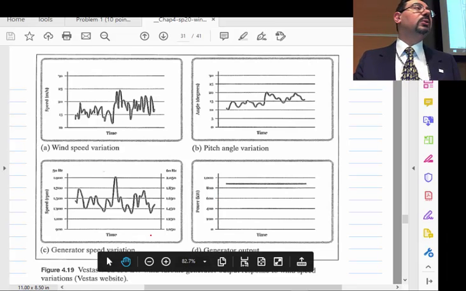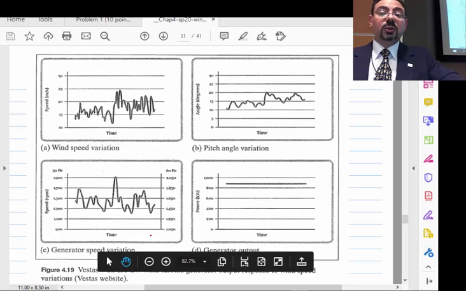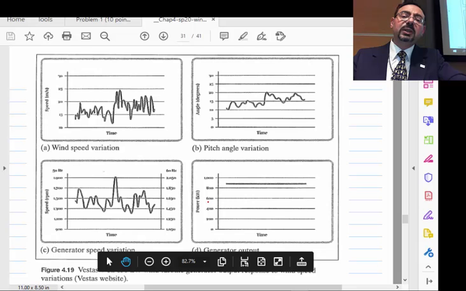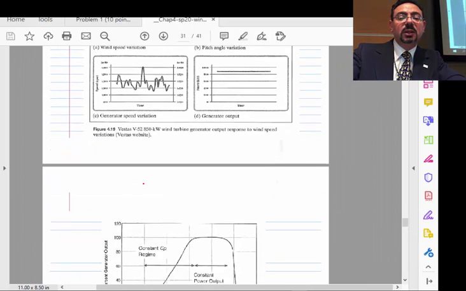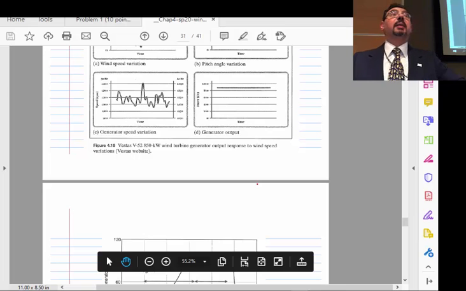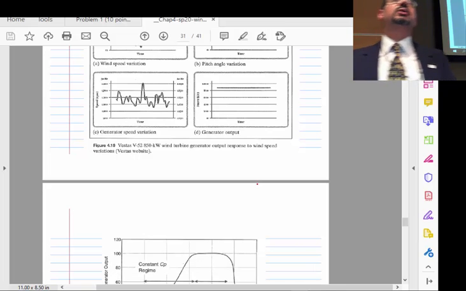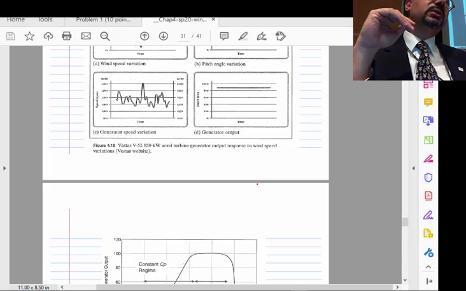And so who's absorbing all those? The blades are doing that, right? And the generator could also play with the torque in order to maintain the right velocity of the rotor. Okay, so there's a lot of control over it. The blade will change the pitch angle so that you can purposely lower your output.